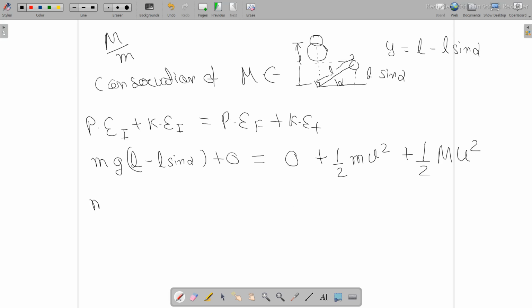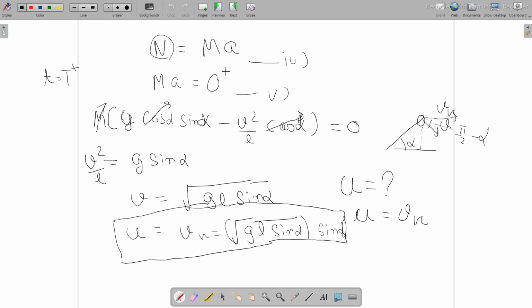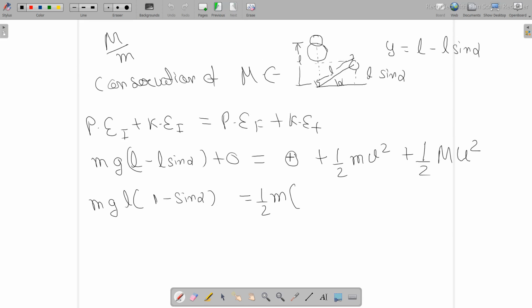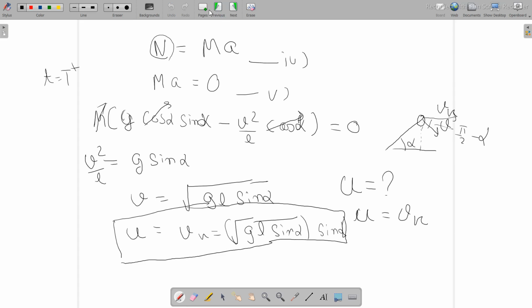Therefore m g L (1 minus sine alpha) is equal to half m v square, and we know from the previous value that v square is g l sine alpha, plus half M, and the value of u will be this one.